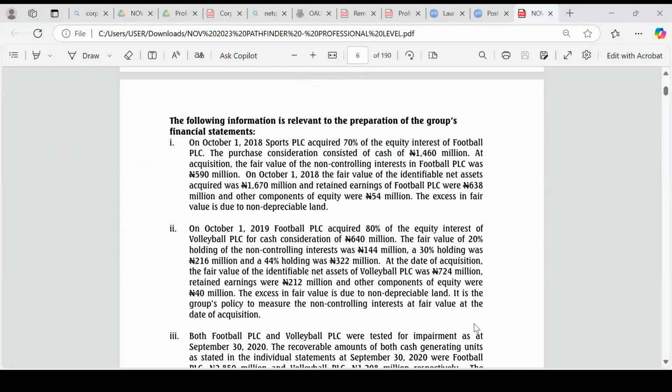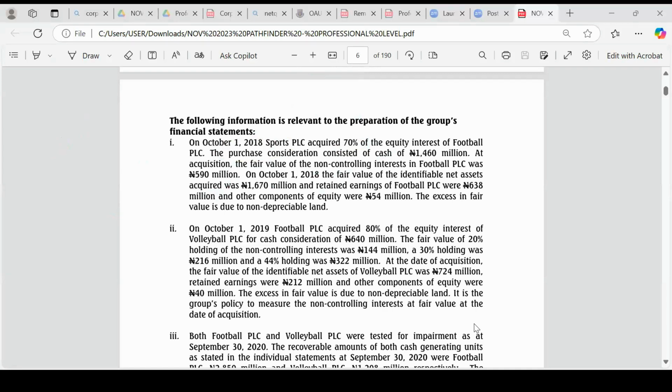First point there, we're told on October 1st, 2018, Sports PLC acquired 70% of the equity interest of Football PLC. The purchase consideration consisted of cash of 1.46 billion. At acquisition, the fair value of the non-controlling interest in Football PLC was 590 million.